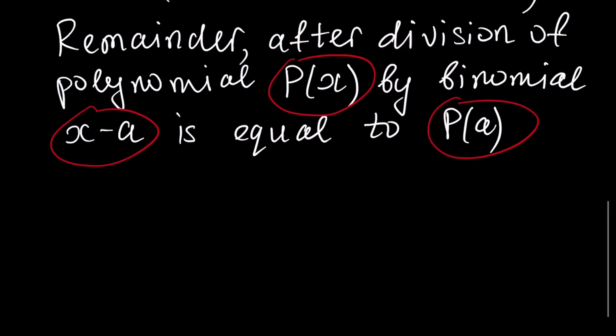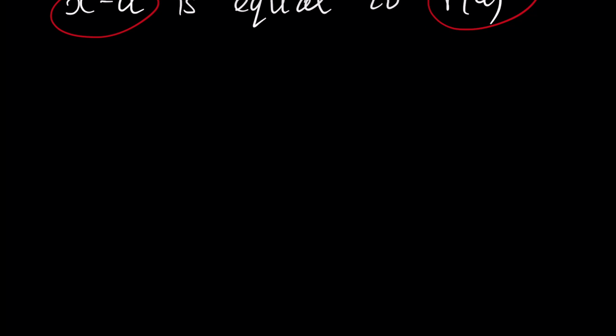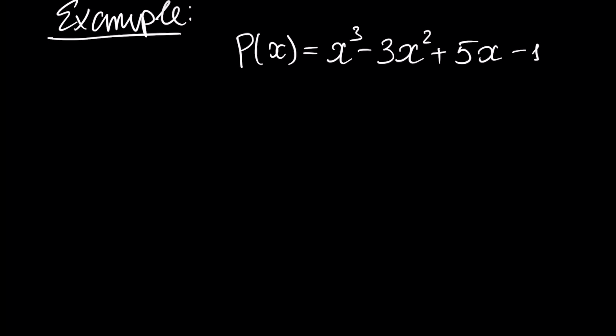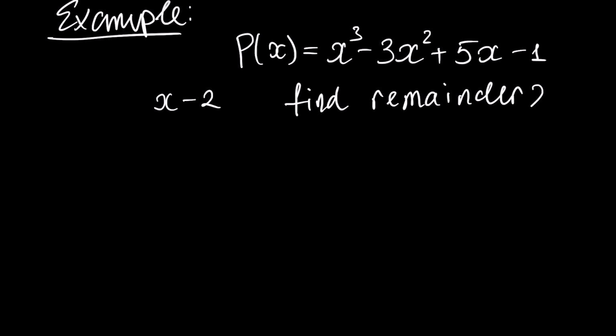Let's give an example. Assume we have a polynomial p of x is equal to x to the power 3 minus 3x squared plus 5x minus 1. Assume we divide our polynomial by this binomial, and we have to find the remainder.